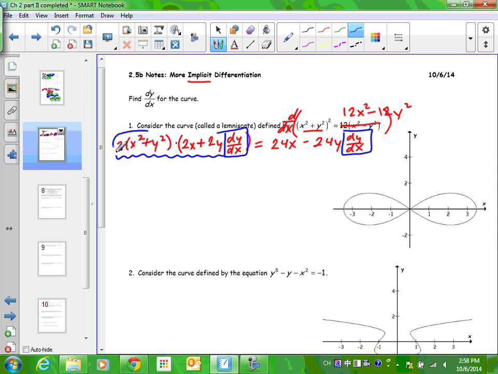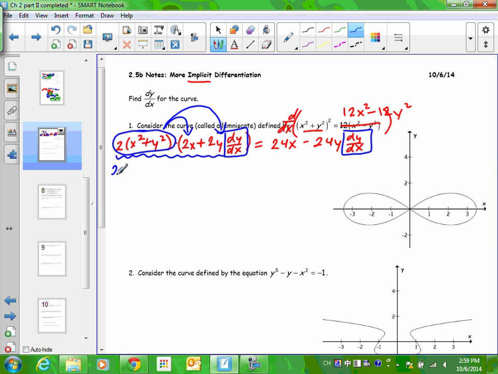I'm going to take this, and I'm going to distribute it here and here. We haven't seen this yet. This was new. This is why we're doing this on the second day. Not all of them are going to be really difficult, and once you've seen this, you'll know what to do next time.